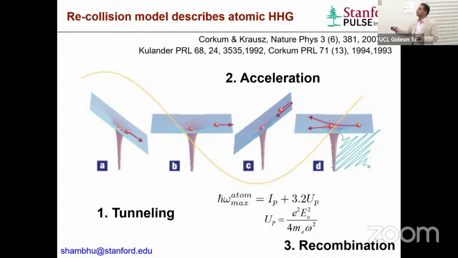And with some probability, it could come back to the exact same place that it started from and find the parent ion. When that happens, all the energy that this electron has acquired from this acceleration has to go somewhere, right? Because the parent ion is relatively heavy; it doesn't move. The electron has to give up this energy, and that comes out in the form of this high frequency radiation, and this occurs every half cycle.